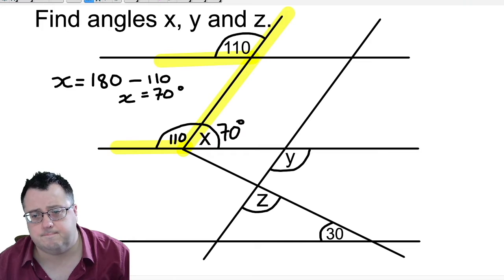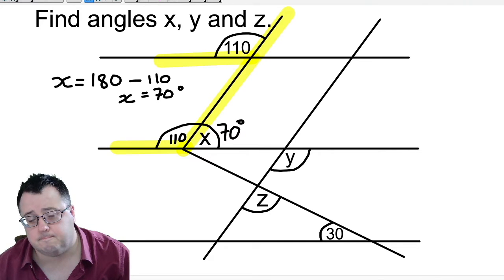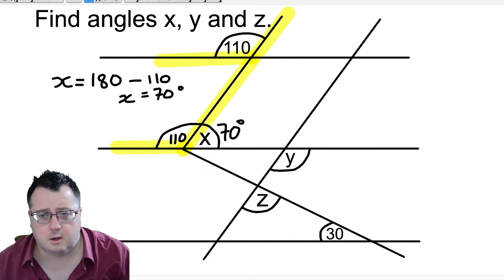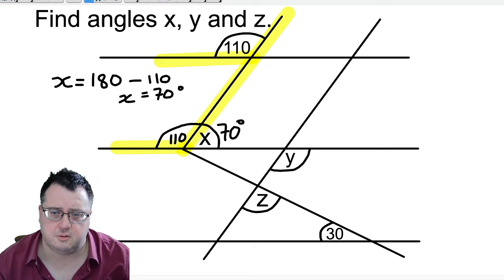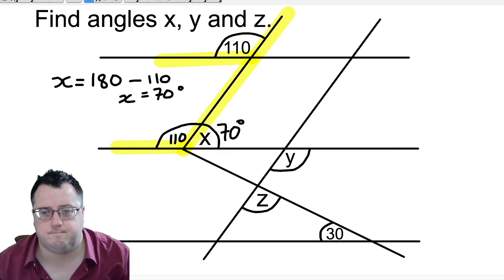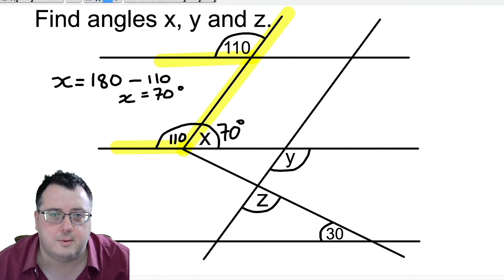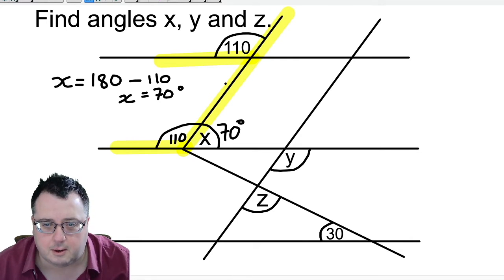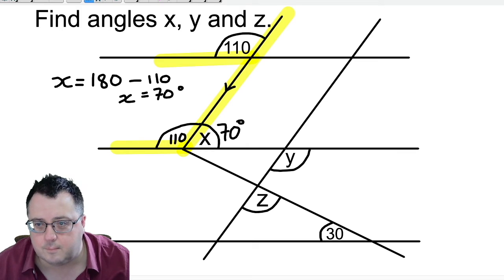Next one is y. How do we find y? Okay. These two lines are parallel, and those two lines are parallel. But I've not marked them in. I've been a bit naughty. I'm going to put the parallel markings in.